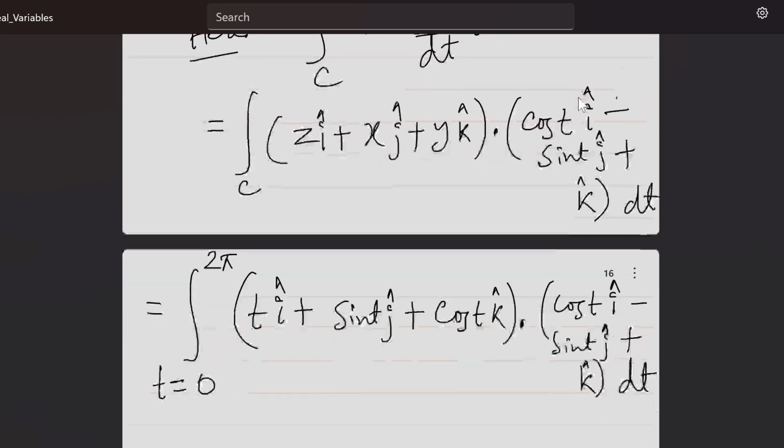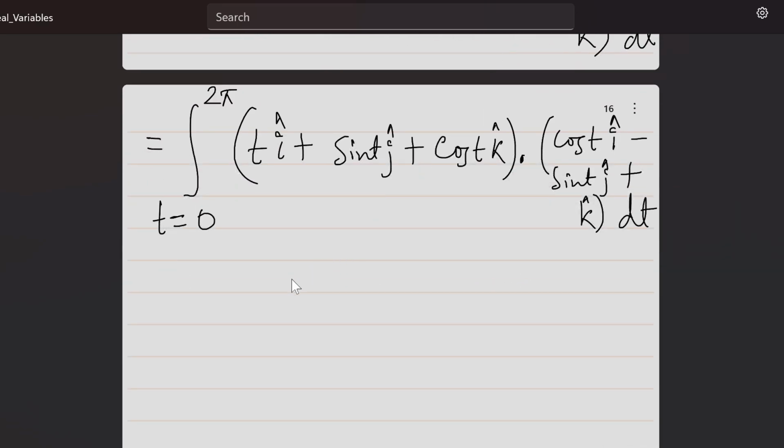I am just doing the calculation. This is t cos t minus sin square t plus cos t, right?